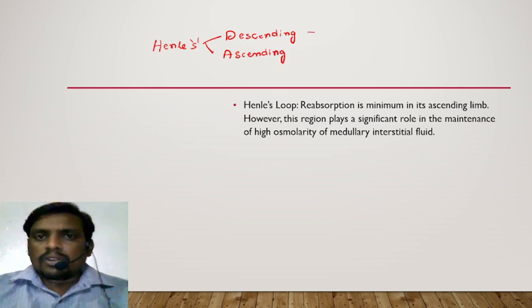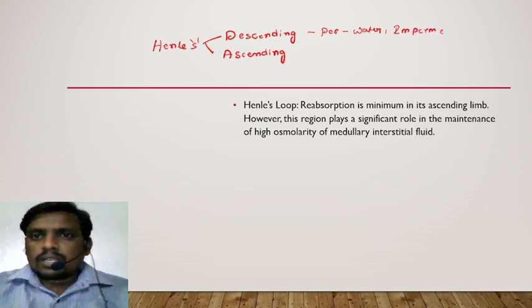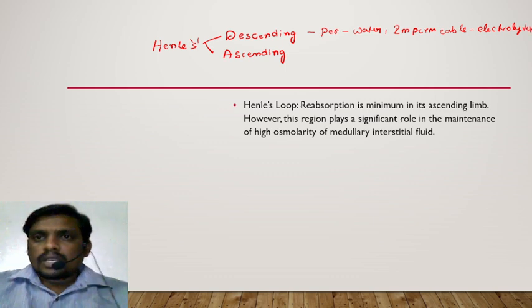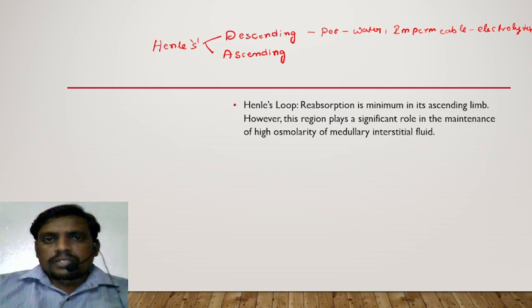The descending limb of loop of Henle is permeable to water and impermeable to electrolytes. The permeability to electrolytes is very low. Whereas the ascending limb is opposite.